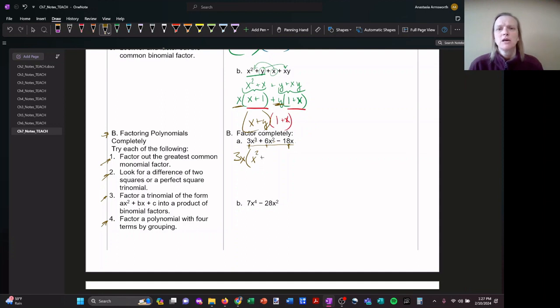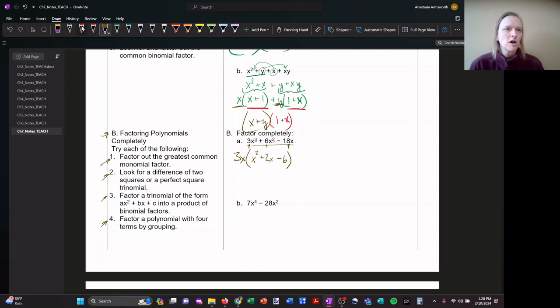Then for my next term, 6 divided by 3 is 2, and x squared divided by x is just x. Then I subtract for the final term, and 18 divided by 3 is 6, and x divided by x is just 1, so I leave that as is. So I've pulled out the 3x as a greatest common factor of the 3 terms, and now I'm left with a much simpler, easier to factor polynomial inside the parentheses.